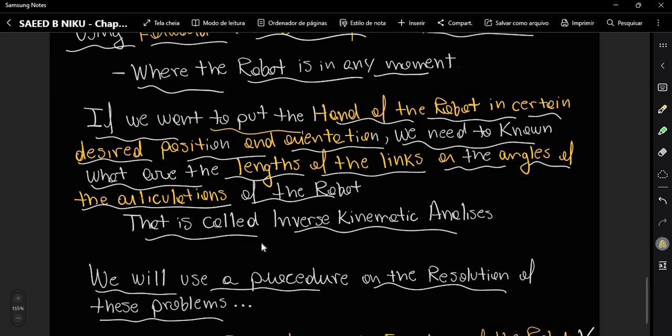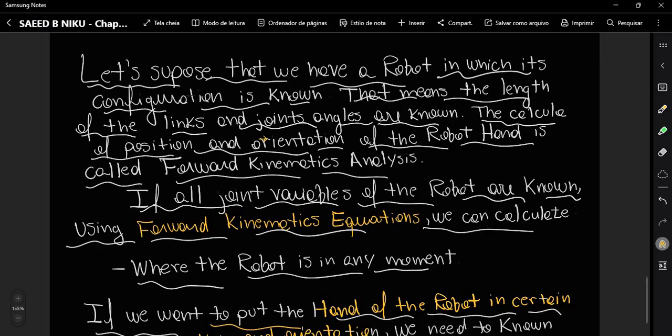So we use kinematic equations because we wanted to know where the end effector, which can be the hand of the robot, is going to be a certain desired position, orientation, which resumes on the localization of the end of this robot, a certain moment. And the forward kinematics we use to calculate where the hand, where the end effector, where this robot is going to be any moment of certain task.